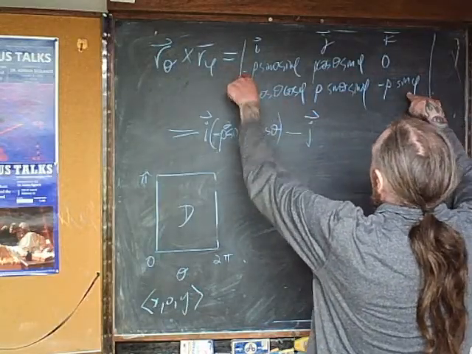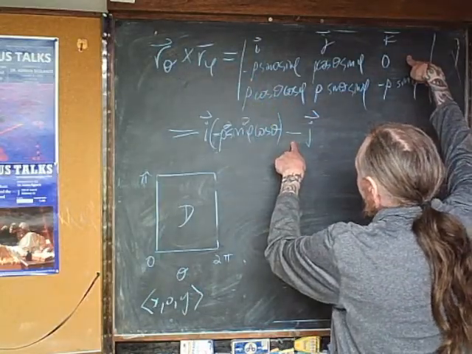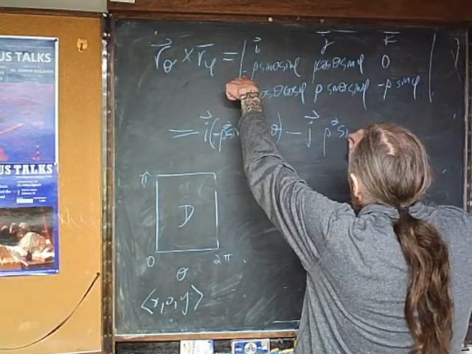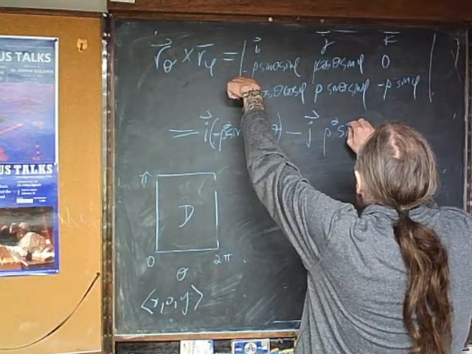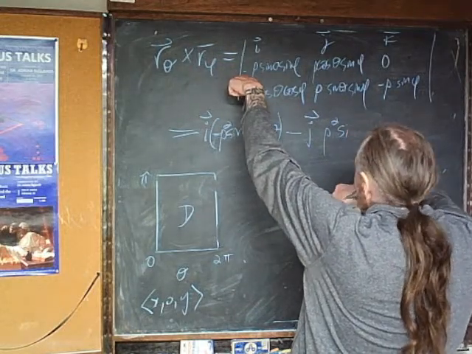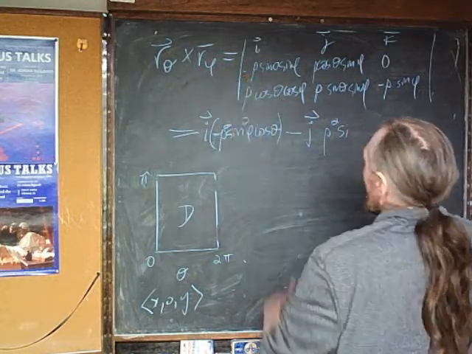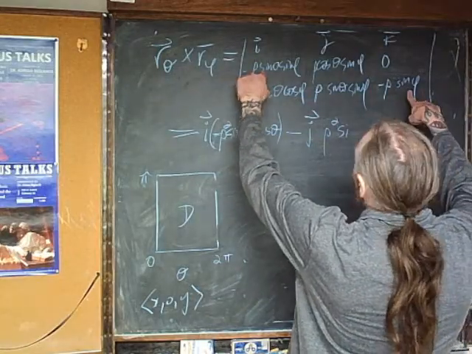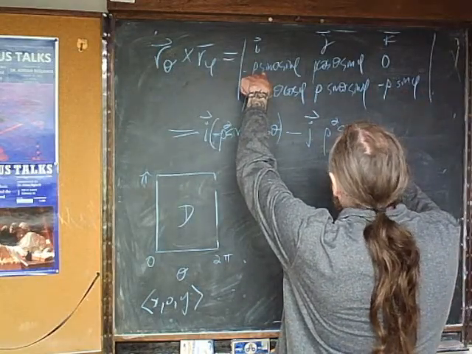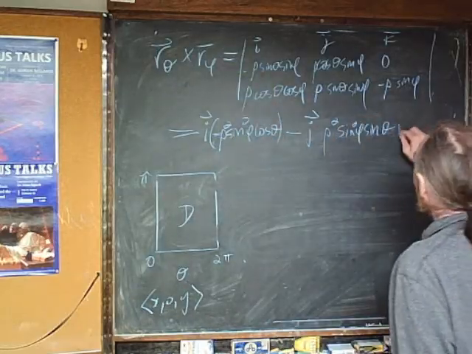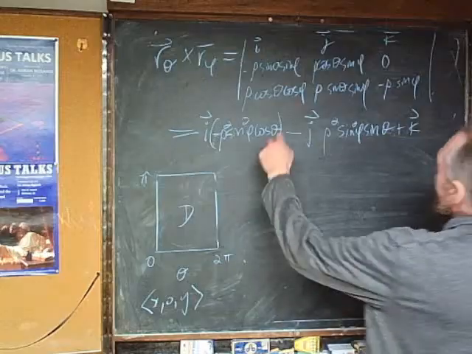It gives me positive times this guy, but then that's where I get the negative. So then that's going to give me rho squared, is that right? Yeah, because I need the magnitude. Yeah, that's good. So this guy I'm multiplying. So sine squared phi sine theta, and then plus k times, what do I get?